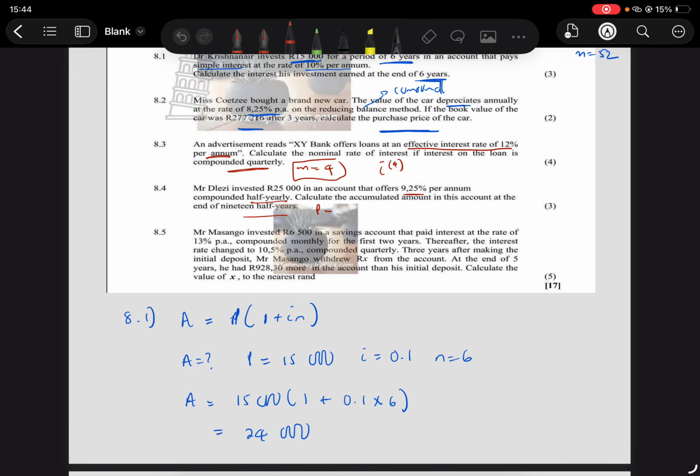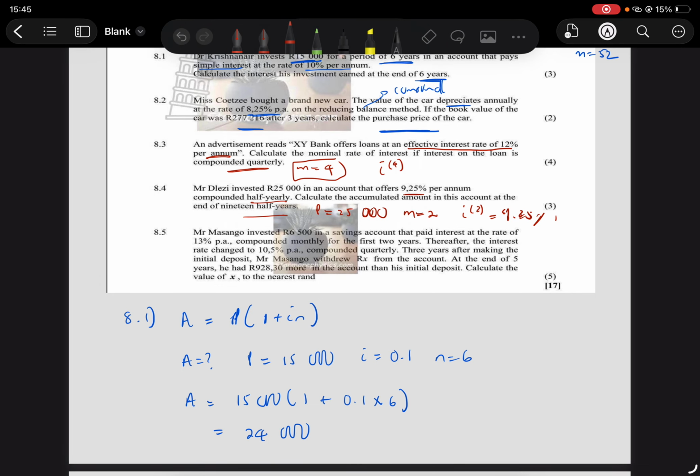We know our P as 25,000 because that's what you initially invested. We have our i here, but here it is compounded half yearly. So in other words, m is equal to 2 because in a year that will occur twice. So we have our i2, which is 9.25%.